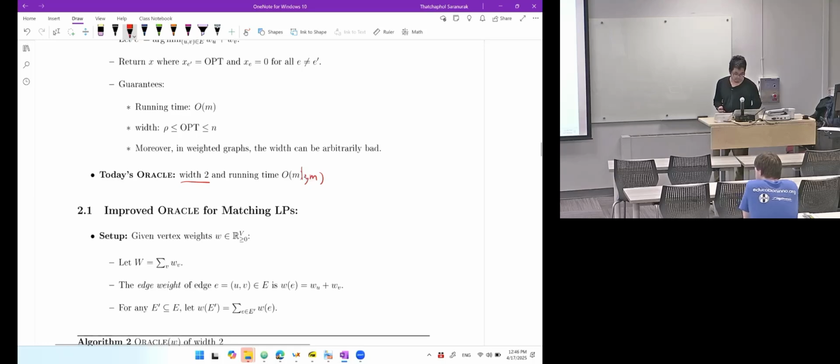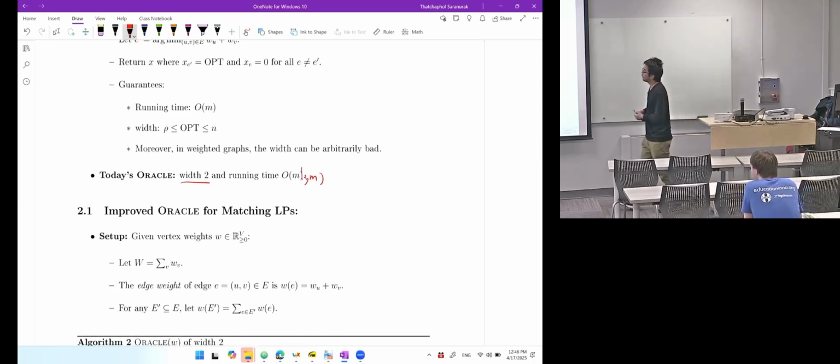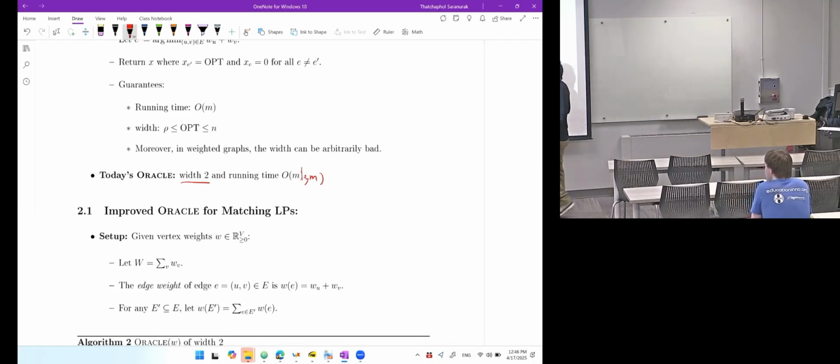Before I describe the algorithm for the oracle, let me recall that in each round the oracle is given the weight for each constraint. The weight is for each vertex here. Let's say capital W is the sum of the weights.